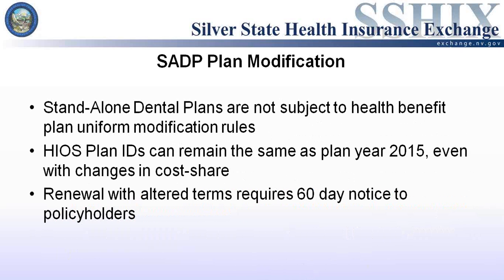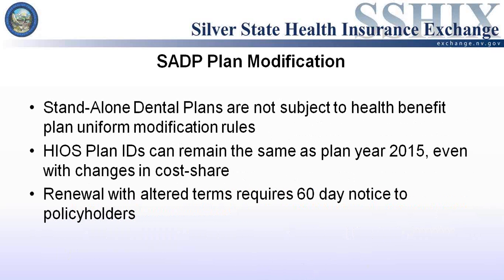Uniform modification rules do not apply to standalone dental plans. So dental carriers have a lot more flexibility than the medical carriers have. You could use the same set of HIOS plan IDs for 2016 that you're using in 2015, regardless of how different those plans may be.